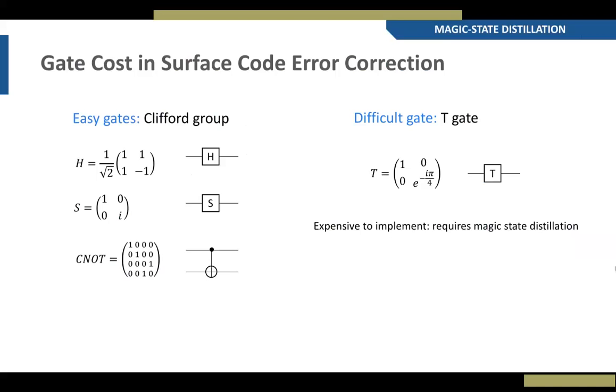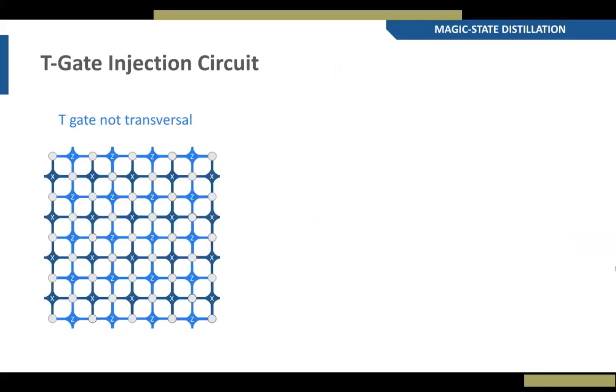So how hard is that? Let's take a closer look at how to implement the T gate. First off, when we say gates are cheap to implement, we typically mean that the gate is transversal in surface code.